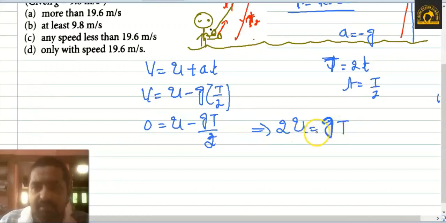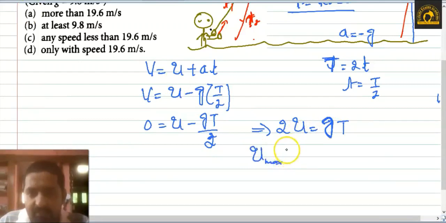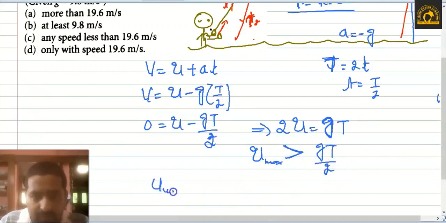So what is the maximum speed required? The question asks for it. The speed u is greater than gT divided by 2. So u is greater than 9.8 into 4 divided by 2.